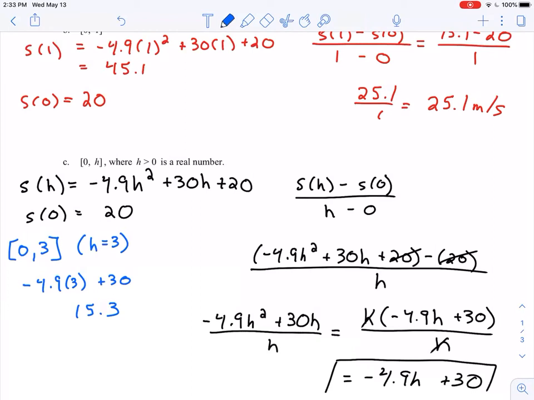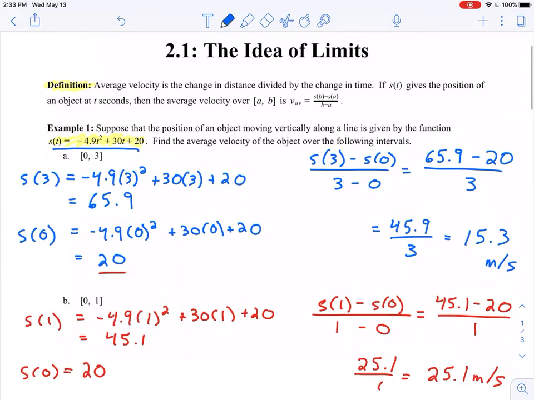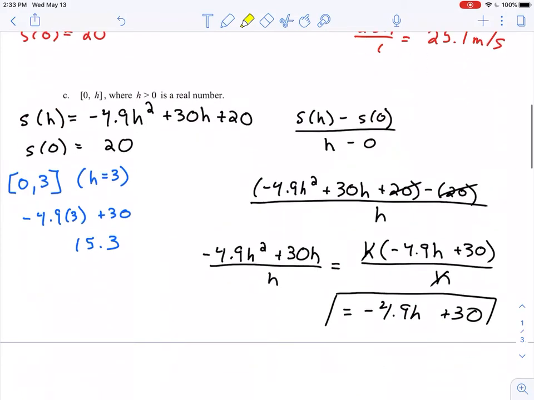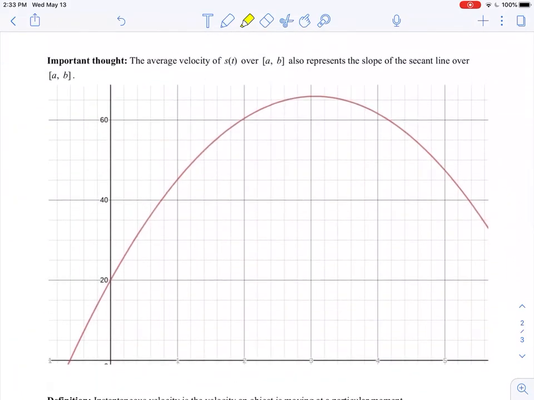But before I jump into that, I want to make one more connection here. Hopefully when you looked at this average velocity formula, it rang some bells elsewhere too. That is another pretty famous formula from college algebra. It's just the slope formula.